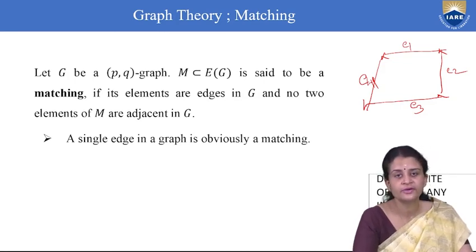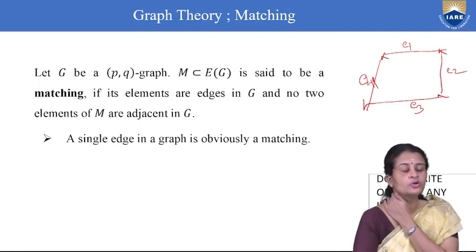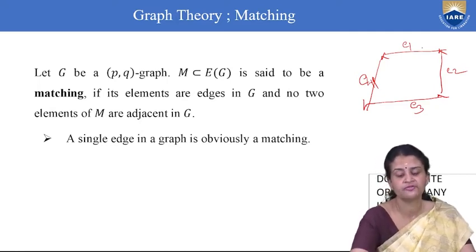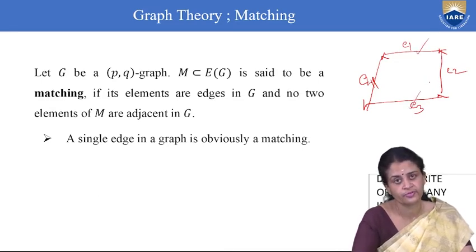M is said to be a matching, that is, a subset of edges of G is said to be a matching if no two elements of M are adjacent in G. If we take E1, then only E3 can be taken from this set.